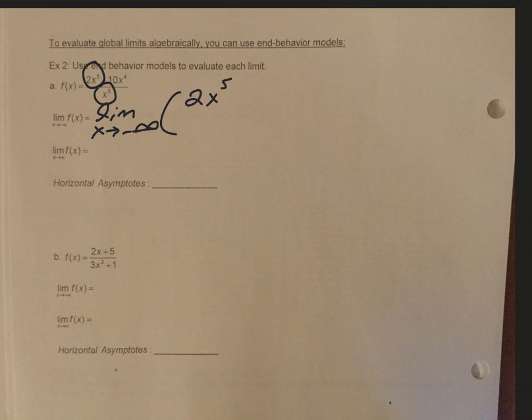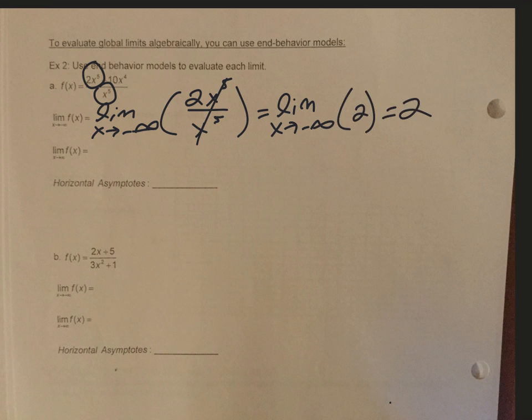Instead of plugging in negative infinity directly, we cancel out the x to the 5ths, and now we have the limit of 2 as we head to negative infinity, which is just 2. The limit as we go to the right is also 2, which means we have a horizontal asymptote at 2.